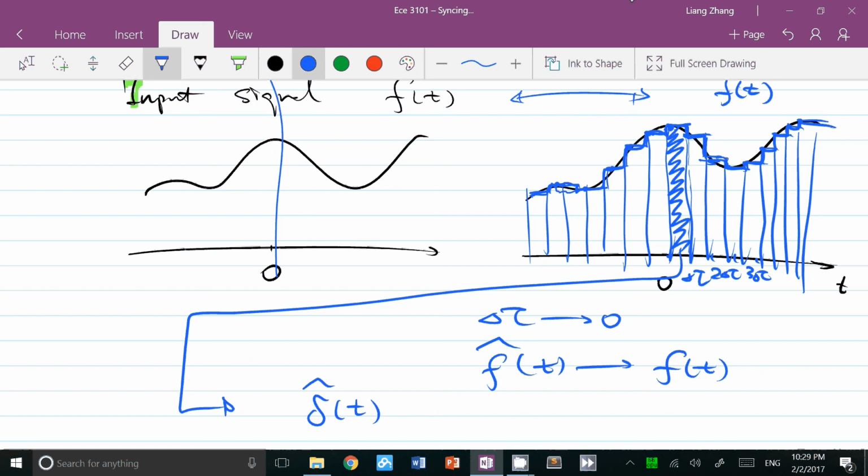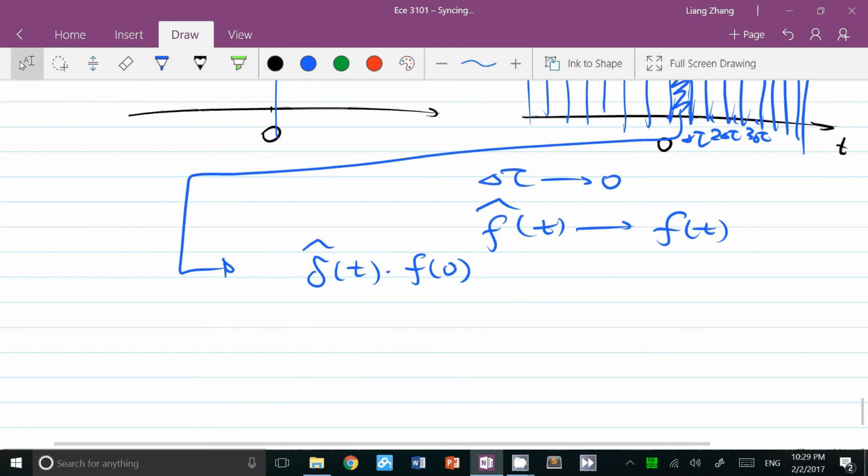The amplitude right here should be equal to what? It should be equal to f, the original curve, evaluated at time 0. Right? And it should not be the original amplitude, which is 1 over delta tau.